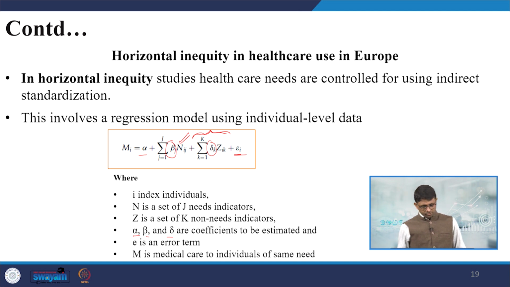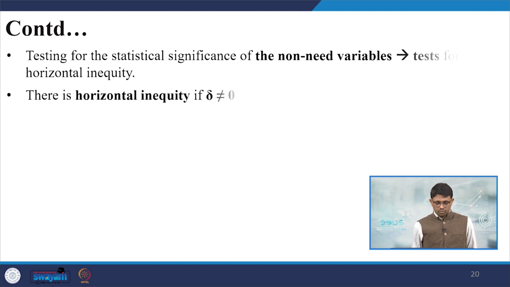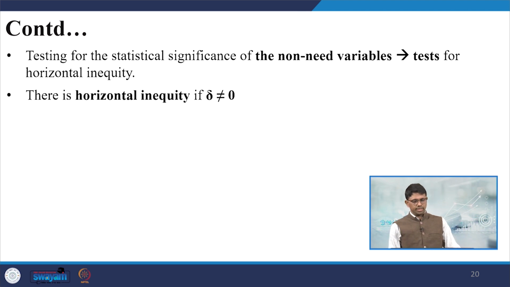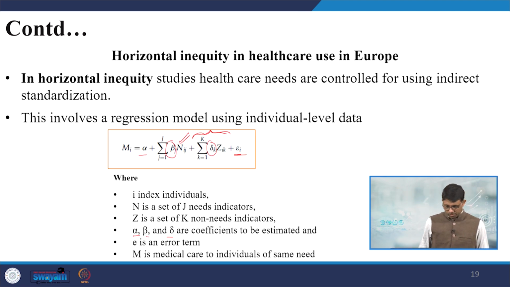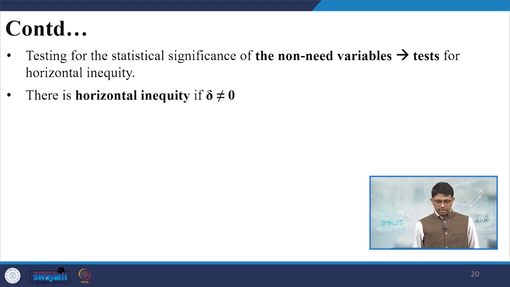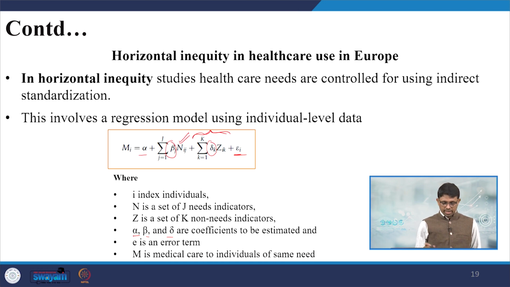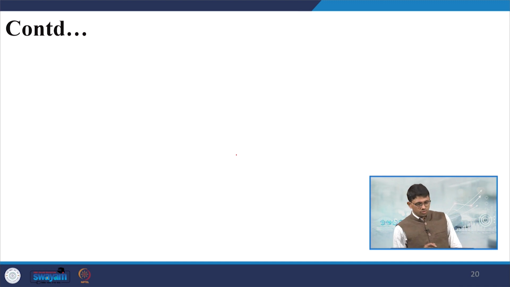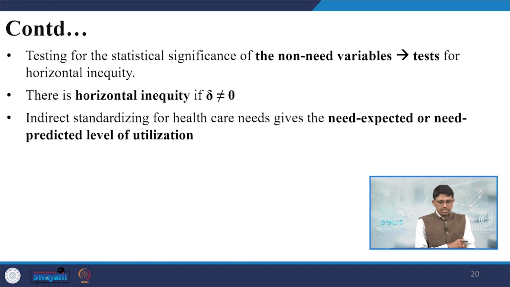If this delta value is non-zero, then there is horizontal inequity. That means these M needs are not completely equalized, because there is a non-zero component here as well. We will clarify this. Indirect standardization for healthcare needs gives the need expected or need predicted level of utilization.